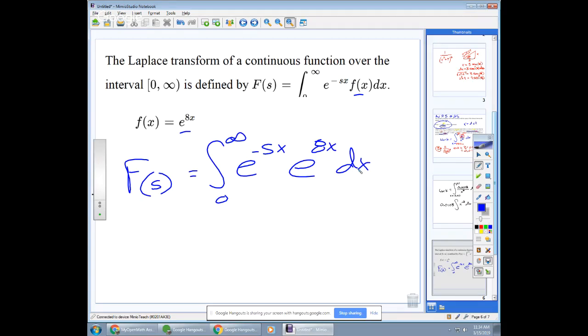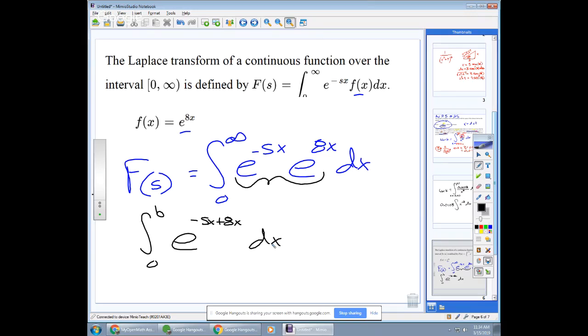In order to pull this off, I'm going to replace infinity with a variable, usually b, and then eventually take the limit. So I want to do the integral from 0 to b. Before I do that, this actually cleans up a little bit algebraically. I have the same base, so I add the exponents together. So this just becomes e to the power negative sx plus 8x dx.